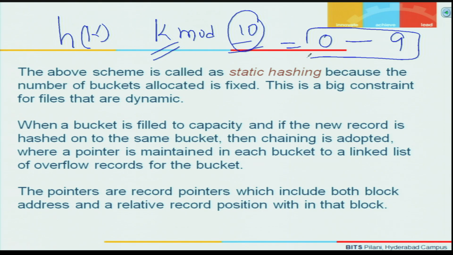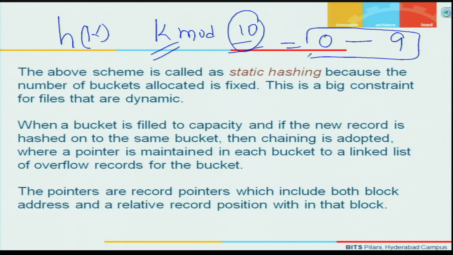This is a big constraint for files that are dynamic. What happens with dynamic files? The file initially may contain 2 buckets, and as you keep on inserting more records, the number of buckets allocated for that file may become more and more. That means for a dynamic file, depending on the requirements of the application and the database, the number of blocks may increase or go down.